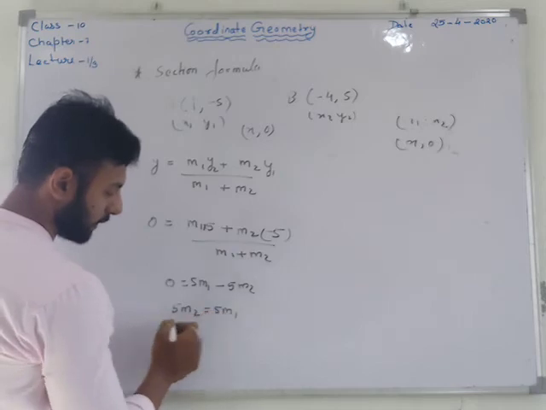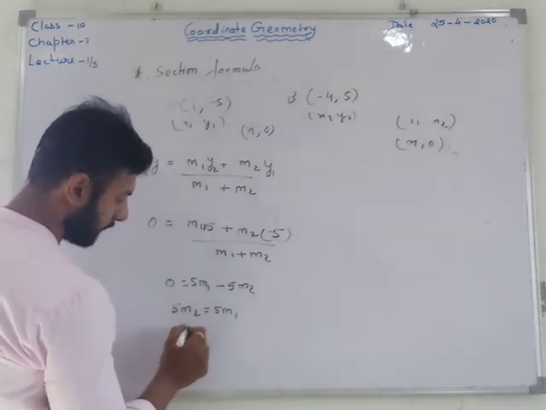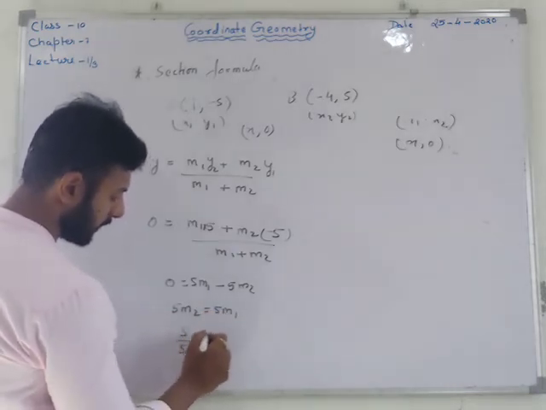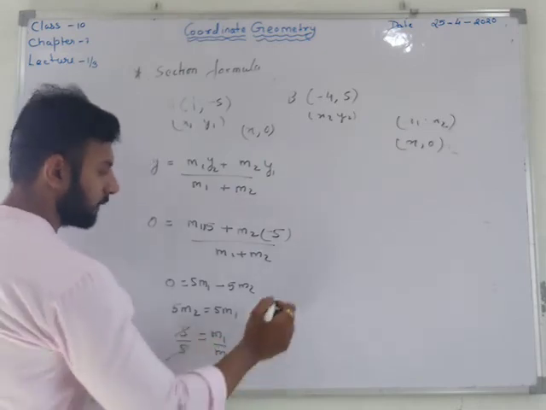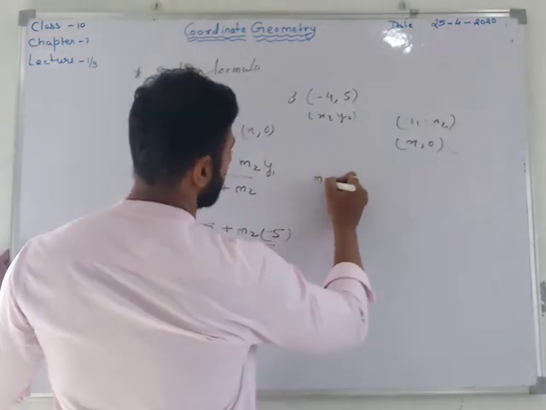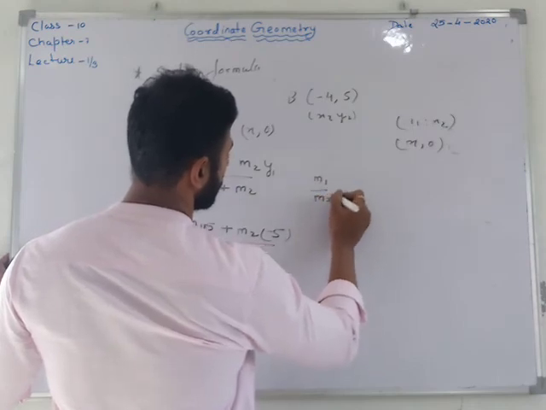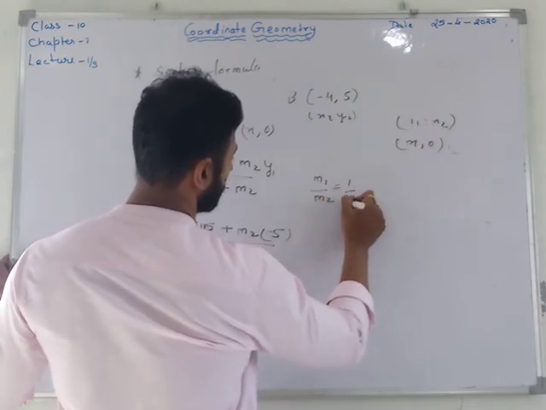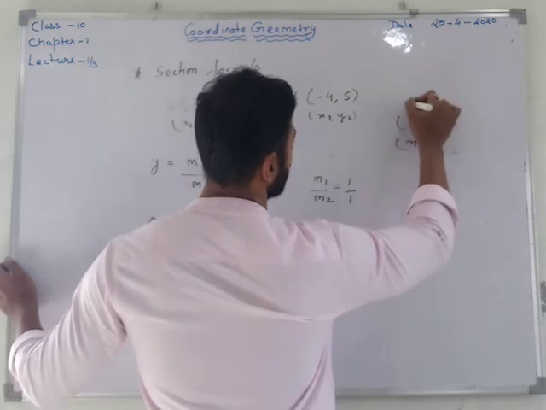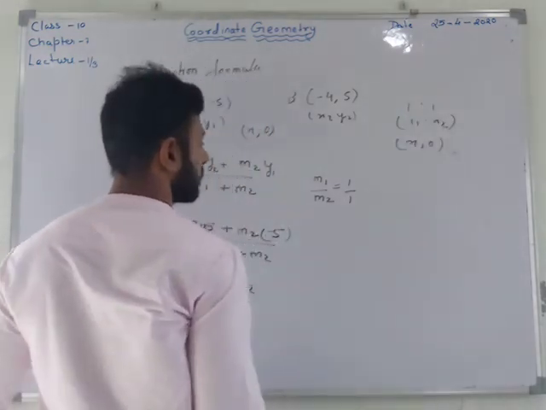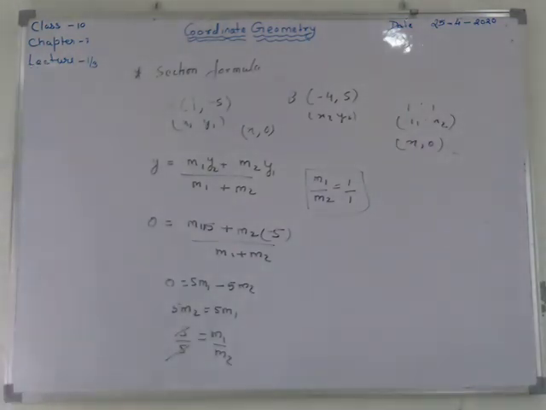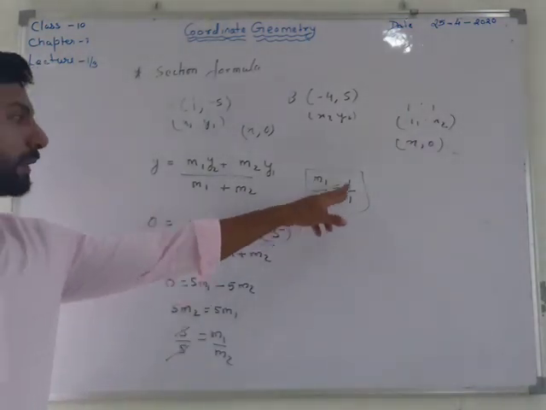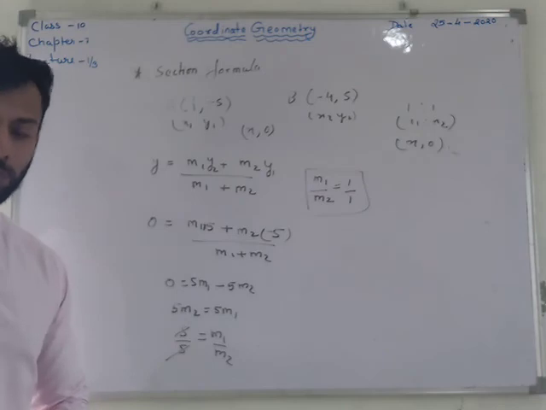So 5 by 5 is equal to m1 by m2, so m1 by m2 is 1:1. The first value is found by this method.